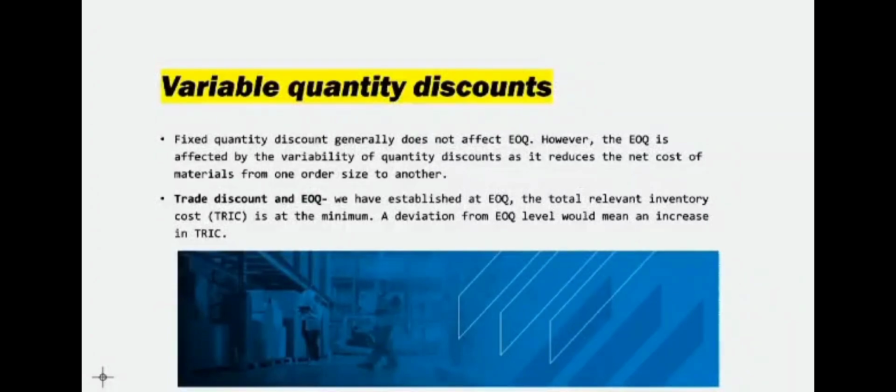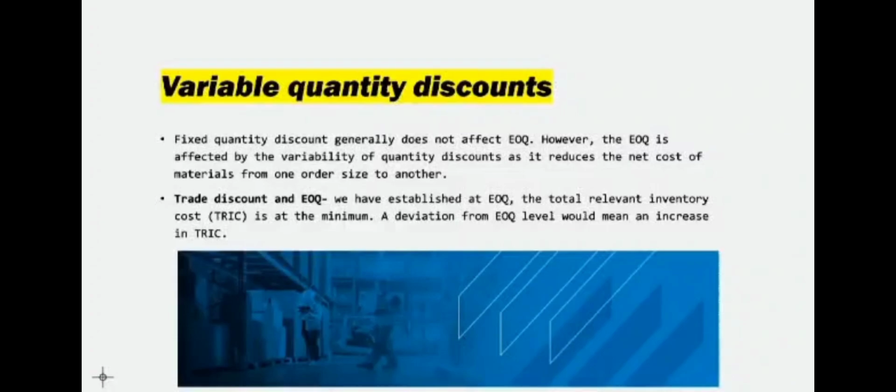For example, if the EOQ is 1,000 units and discounts of 2%, 5%, and 8% are offered at 500 units, 1,000 units and 2,000 units, the order quantity shall be decided. The lowest total inventory cost will be either at the EOQ of 1,000 units or 2,000 units.